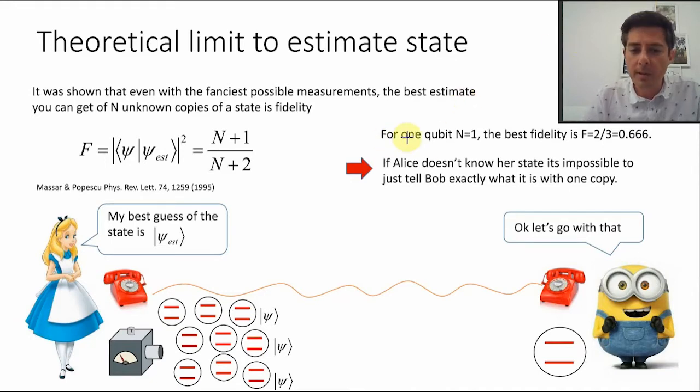And so for one qubit, putting in n equals 1 here, that's one and only one copy of your unknown state, the best fidelity you can do is 2/3, so 66%. So you can only basically estimate an unknown quantum state on average to about 66%.